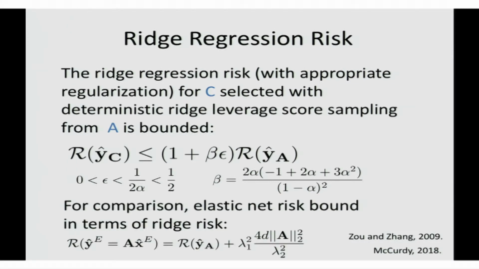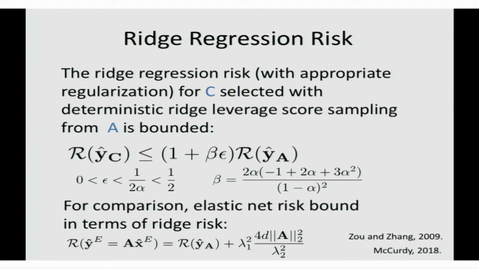So you can compare to elastic net. This ridge regression problem with deterministic column selection is interesting because it forces sparsity in your feature space. By selecting columns ahead of time, you're essentially zeroing out some of your features.